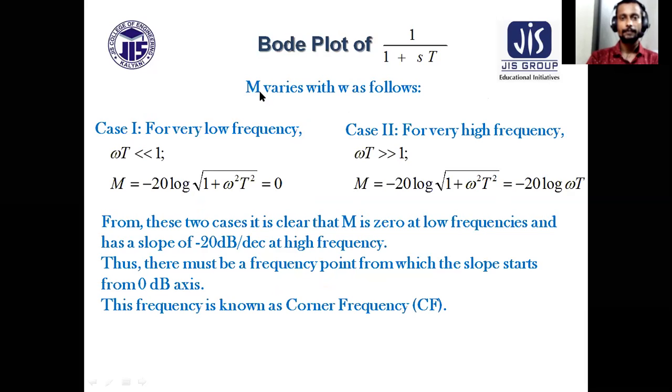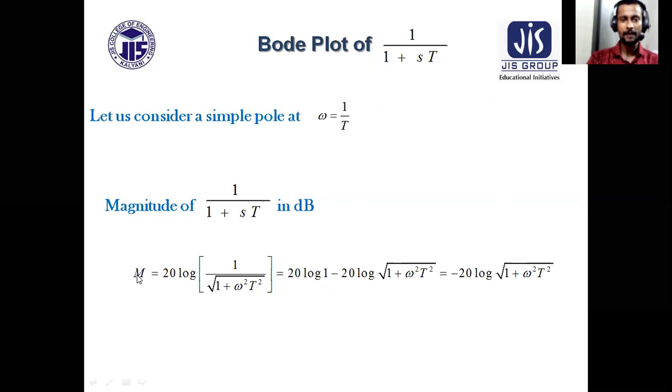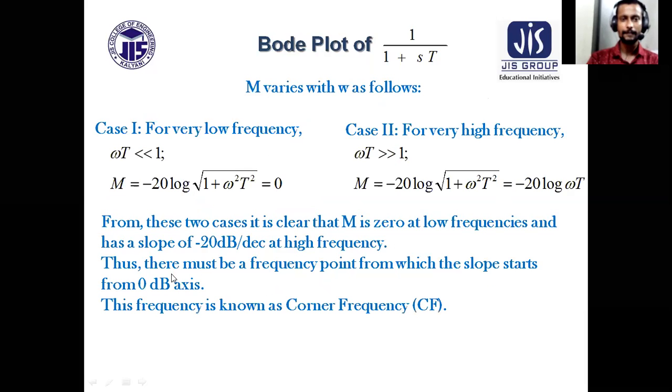Now how does M vary with omega, that is frequency? The magnitude in decibel depends on the function omega. So if omega changes in this equation, the magnitude will change. It is very simple. So how will it change? We have considered two different cases, for very low frequency and for very high frequency. For very low frequency, omega T will be much less than 1.